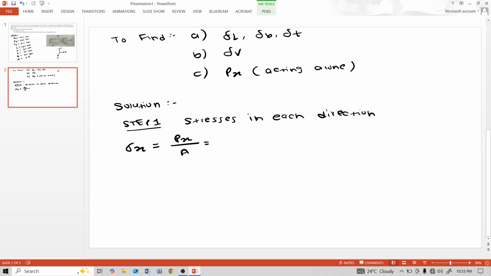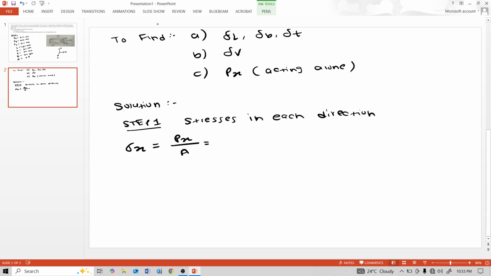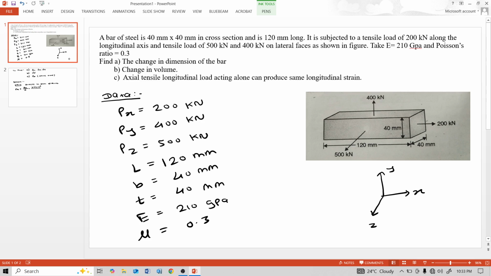This Px is 200 kilonewton. So 200 into 10 raised to 3 newton divided by area.